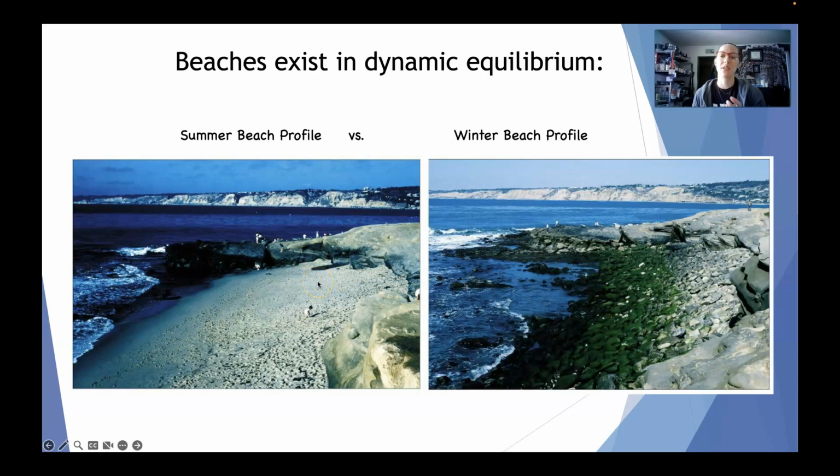So what happens is, in areas like here where we have a wet stormy season and a dry season, we can have a ton of stormy activity in the wintertime, which can take away sand from the actual visual beach area, and it can store it somewhere offshore where we can't see it.